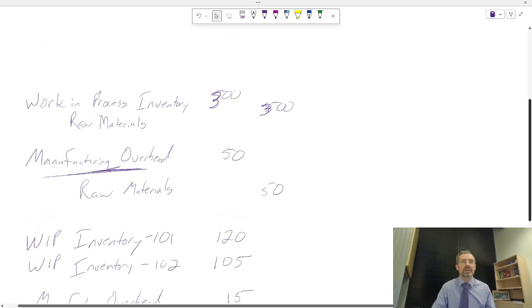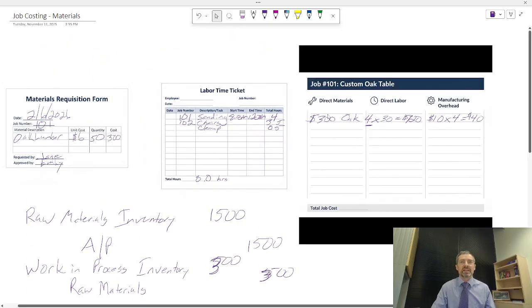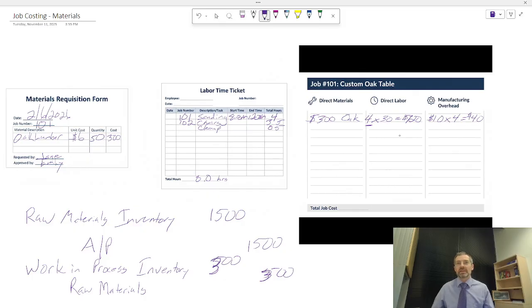So now, if we look at all of our journal entries and we look at the ledger for Job 101, it should be exactly the same as what ends up on our job cost sheet at this point. And now that the table is done, we have accounted for all of the direct materials, the direct labor, did our manufacturing overhead application. We can now add all of this up. So 300 plus 120 is 420, plus 40 is $460 is the total cost of that table.